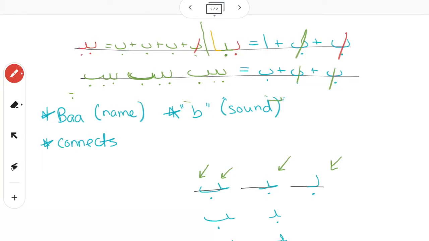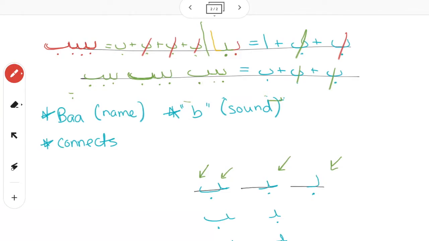The second ba is medial because it's in the middle. The third ba is also medial because it's in the middle. And then the final one, the last one, is in its full form. So when you look at these loops, you have 1, 2, 3, 4. Okay.